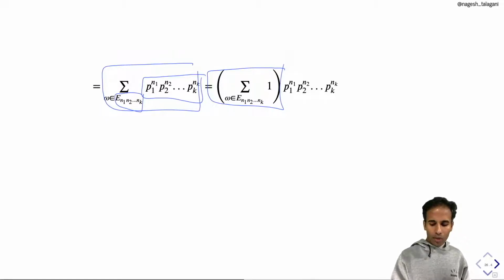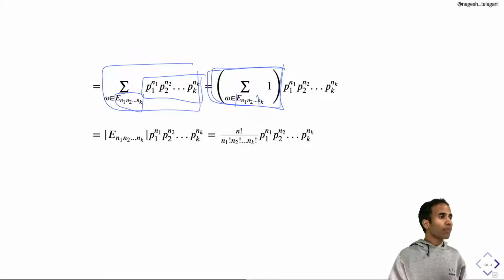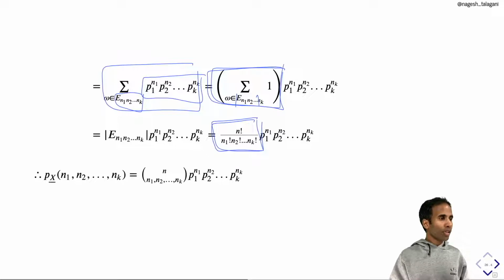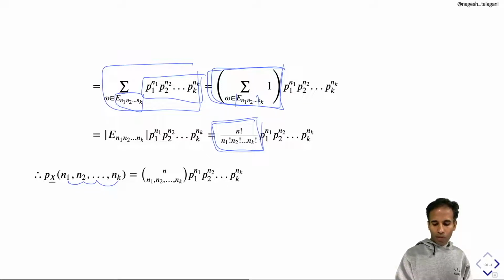This sum is equal to the size of this set, which is n factorial by n1 factorial, n2 factorial, so on, nk factorial. We can recognize this as the multinomial coefficient. So using multinomial coefficient notation, we can write the PMF of X at n1, n2, nk as n choose n1, n2, nk, times p1 to the power of n1, p2 to the power of n2, pk to the power of nk.